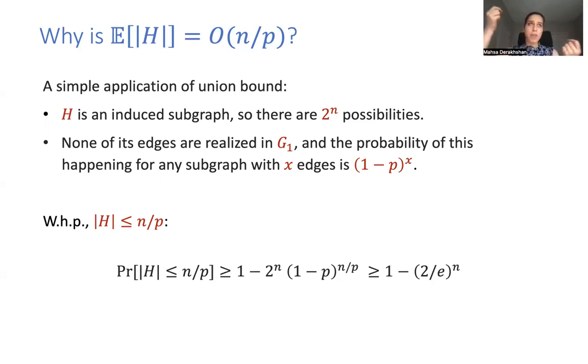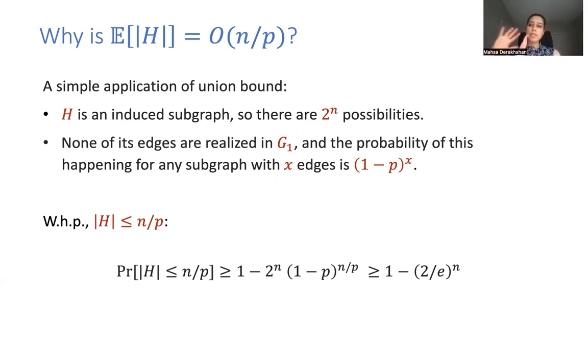Because if one of the edges of G is realized in G1, then you have to include one of the endpoints in P, and as a result, that endpoint will not exist in H. So based on that, we can give an upper bound of (1 minus p) to the power of x for any subgraph with x edges being H, because none of the edges of that subgraph should be realized. Now, putting these together and doing the math, we see that with high probability, H has at most n over p edges, which is what we wanted.